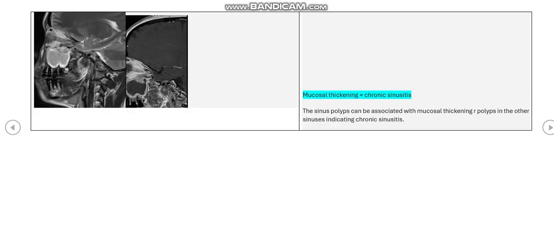So once you see this mucosal thickening in the maxillary sinus of high T2 signal and showing post-contrast enhancement, this is chronic sinusitis. Okay, chronic sinusitis with fungal infection, with chronic allergic fungal infection.